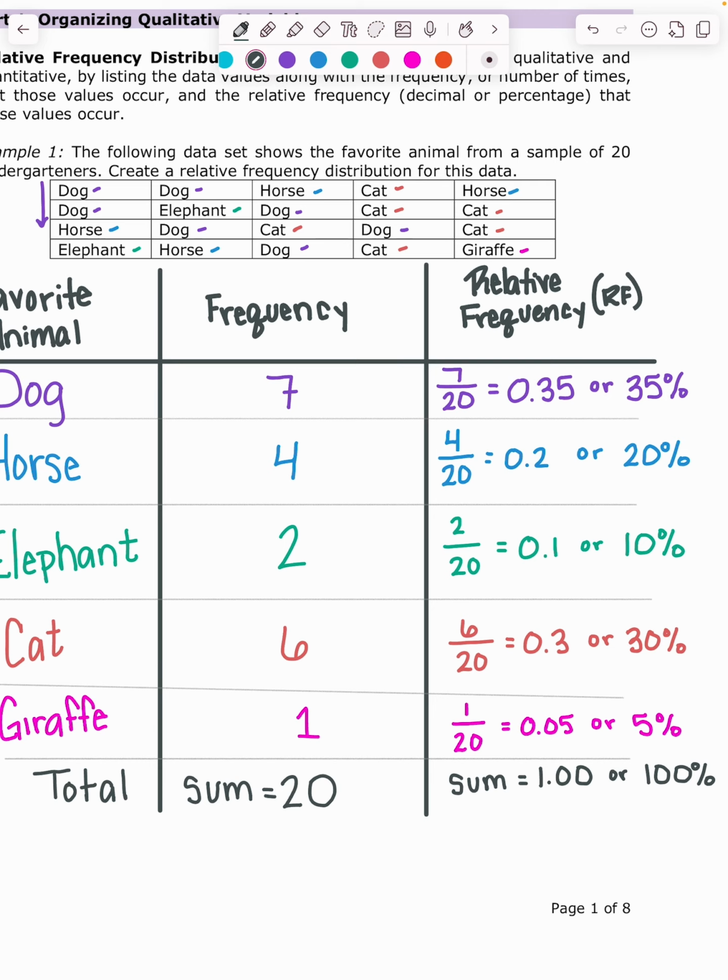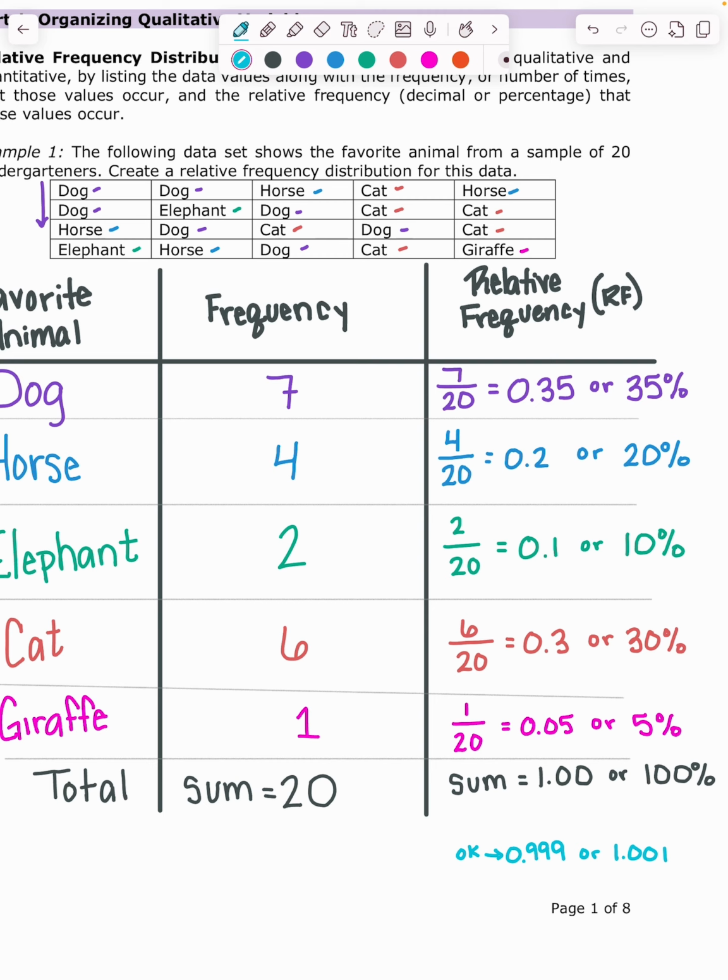If we had to do some rounding and we have 0.999 or 1.001 or something like that, that's okay. They are slightly off, and that might be due to some rounding that we have to do depending on what the denominator is.